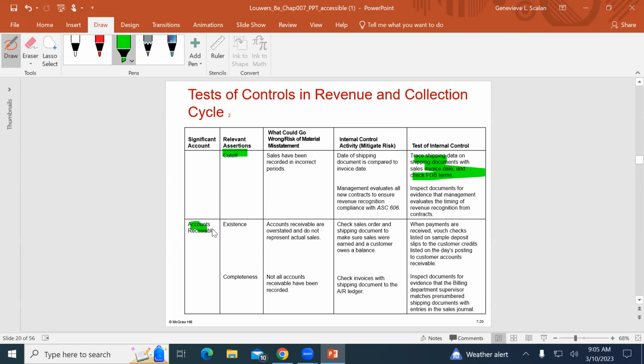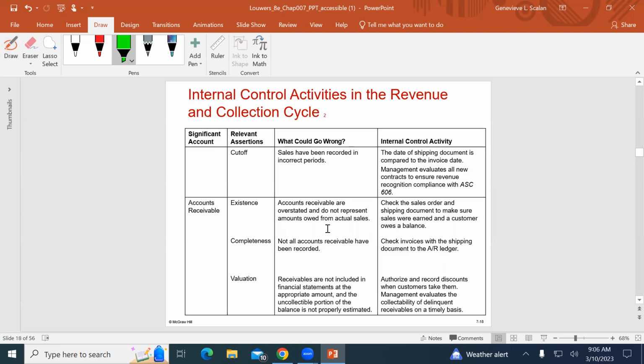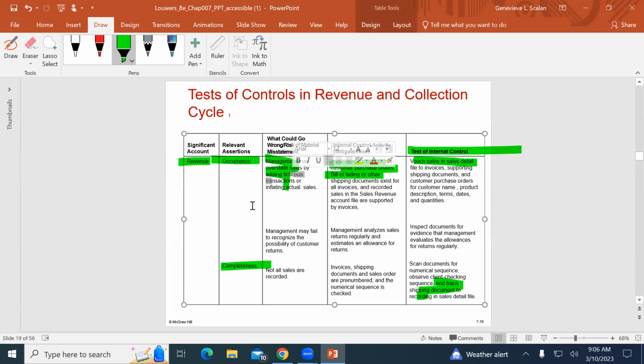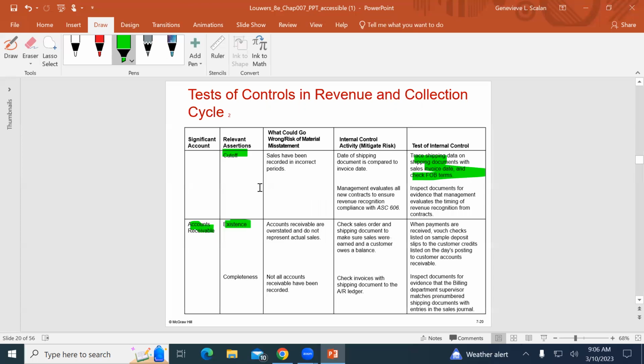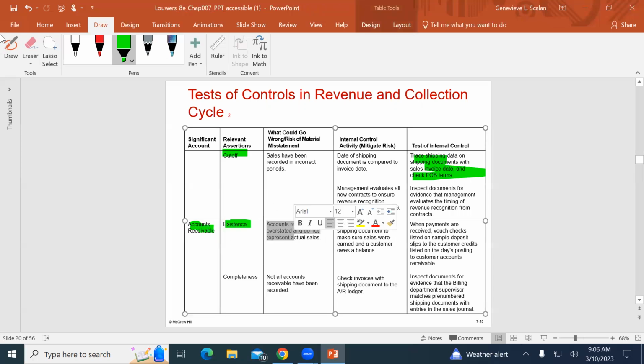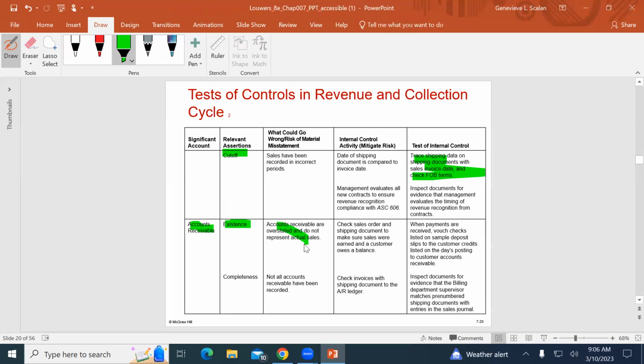Accounts receivable. Of course, the big problem with accounts receivable is if you're up here doing this, making fake sales, it's entirely possible that you'd have fake receivables to go with that, right?